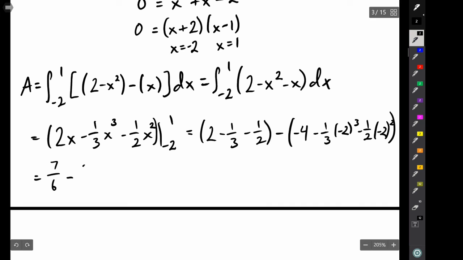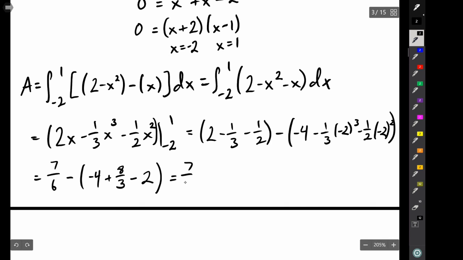And then minus, what do we got going on in here? This is negative 4, this is plus 8/3, and this is minus 2. So let's see.